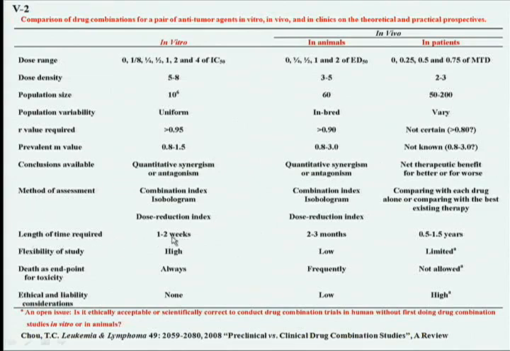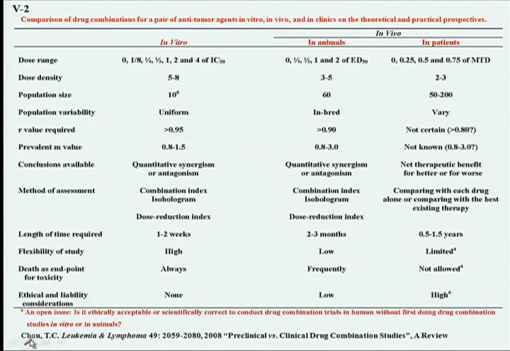Length of time: 2 weeks, months, years. Flexibility: death as an endpoint is always in vitro, frequently in animal, but in human you cannot use death as an endpoint, of course. And ethical liability is none, is low, and is very high liability for human. So this is a comparison.